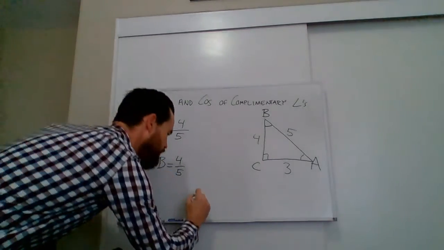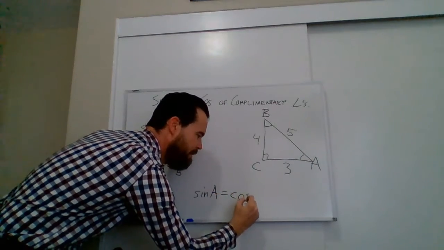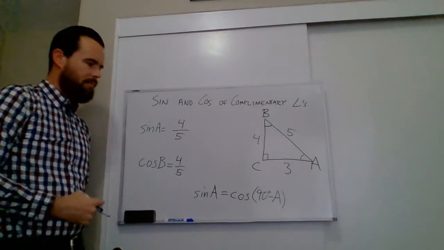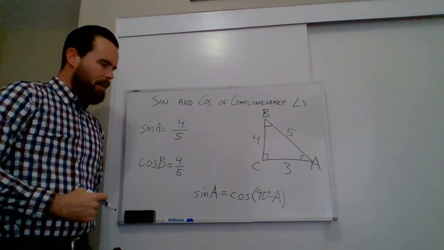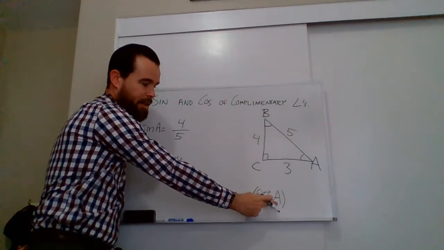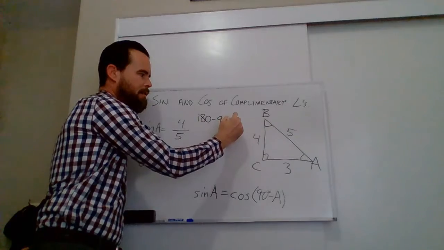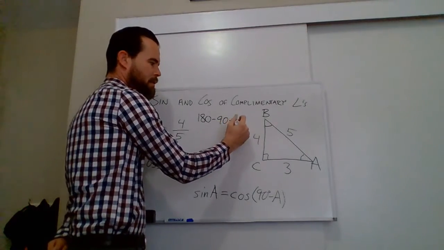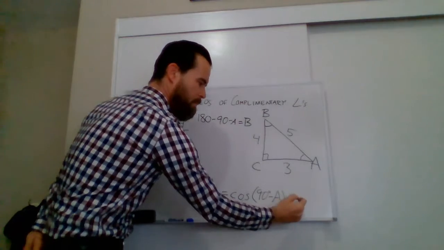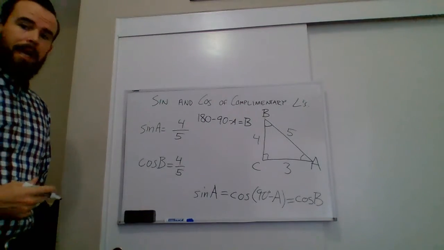So let's put this in math form. Sine of A equals the cosine of 90 minus A. This makes sense because we have 90 degrees here and we have angle A. So 180 minus 90, which is this one, minus A, we're left with the measure of angle B. So we get the cosine of B. And this is the same for the cosine.